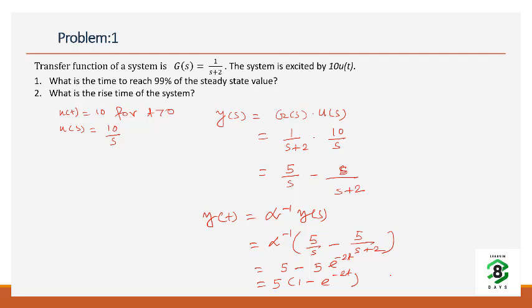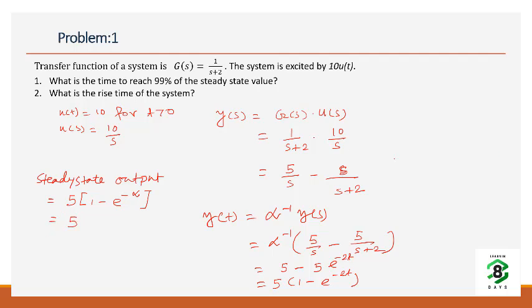So what is the steady state value of this signal? Steady state output is 5 into 1 minus e to the power minus infinity, which is 5.